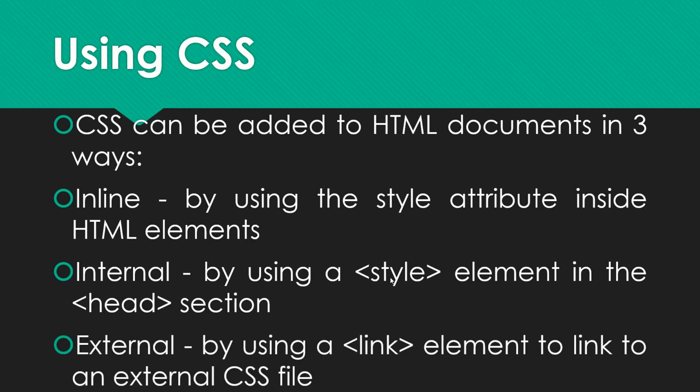To use external, we use a link that points at the file that you want to act on in our project. So those are 3 different ways we can add CSS into our HTML.